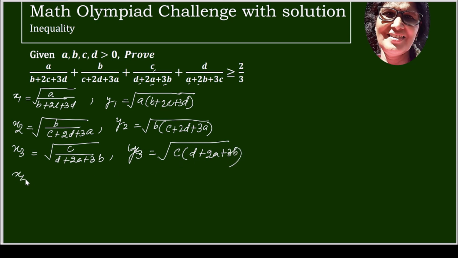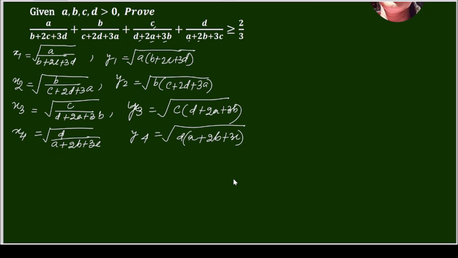And x4 equals the square root of D over A plus 2 times B plus 3 times C, and y4 equals the square root of D multiplied by A plus twice B plus 3 times C. So this left hand side is nothing but x1 square plus x2 square plus x3 square plus x4 square.